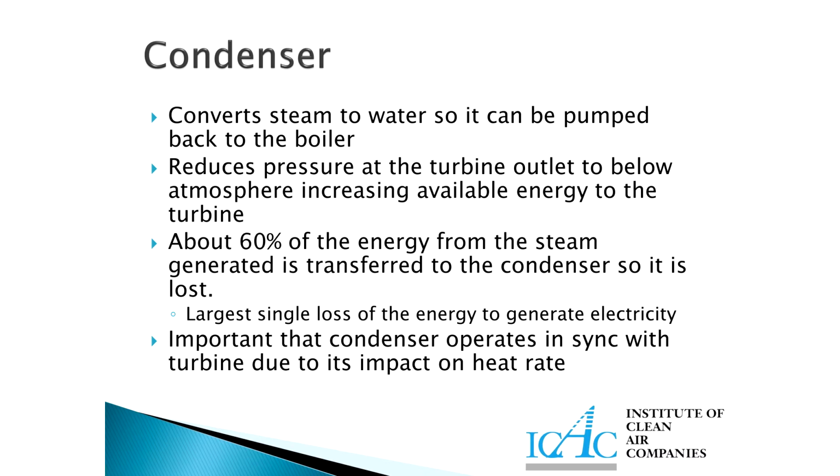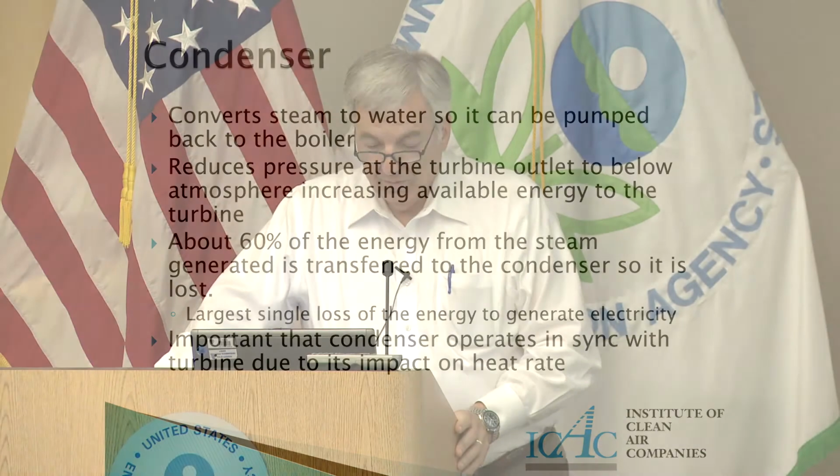So what you need to do is reduce the pressure in the whole circuitry of the water steam cycle at the turbine outlet below atmosphere, such that you get the maximum kinetic energy out of the turbine. The lower the pressure at the end, the more force you get through the turbine.